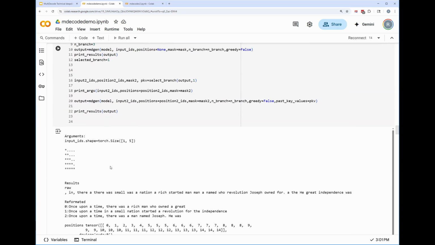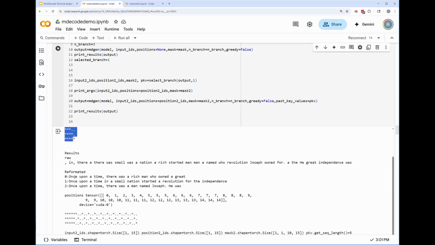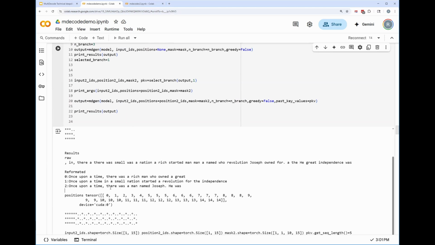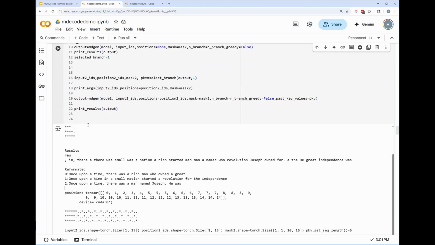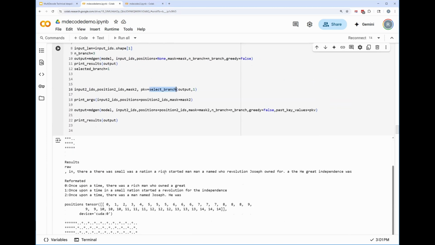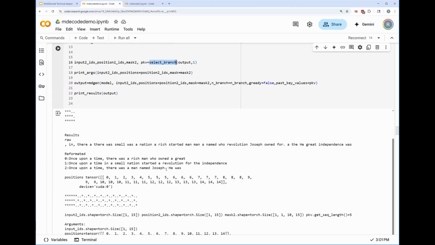So this is the one where if you're doing a beam search, you do a beam search for a while, then you want to commit to something. In this example, we had a context, we did a beam search and got three answers, three beams. This little function, select branch, will update the KV cache by truncating it and then adding a new set of positions and masks.